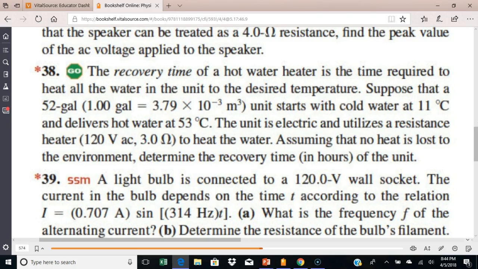So time is equal to the energy divided by the power. Energy first. Energy is what? MC delta T: mass times the specific heat of water times the temperature difference, delta T.